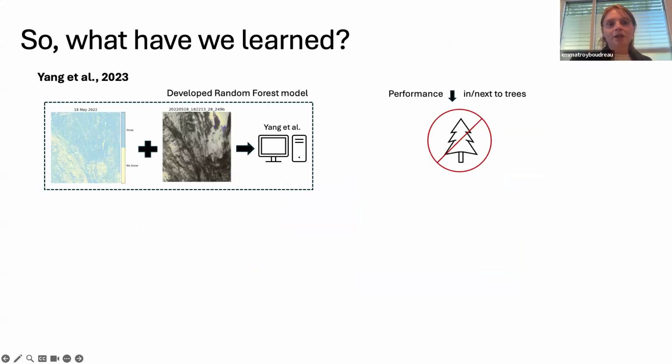And so what have we learned so far? Yang et al. uses this simple random forest model and trains it on one LiDAR flight and a corresponding PlanetScope image. In that work, they determine that model performance goes down when you're in and next to trees.